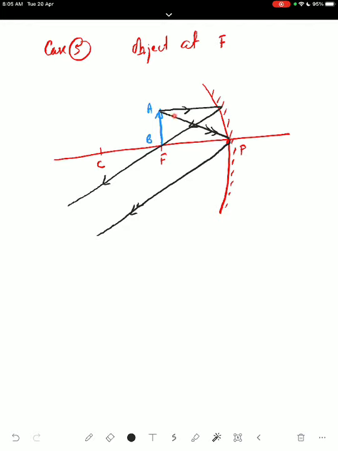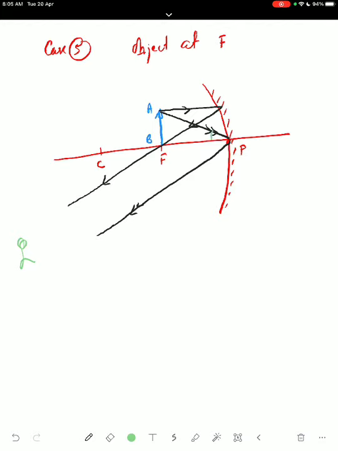The ray of light reaches obliquely at the pole at an angle of incidence I. This is the angle of incidence, angle of reflection, obeying the laws of reflection, reflecting into the same medium. The second ray is coming here. And if you see on the left side, these rays are not meeting anywhere. Suppose you are standing here. These rays are not meeting at any finite distance, so they are supposed to meet at infinite distance.